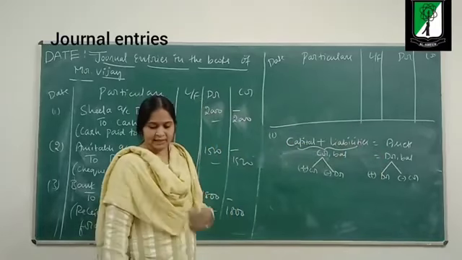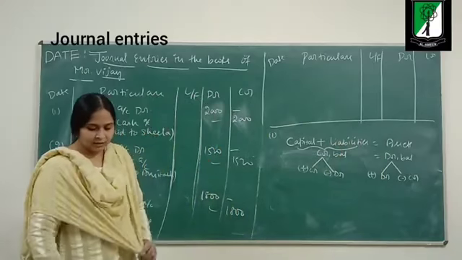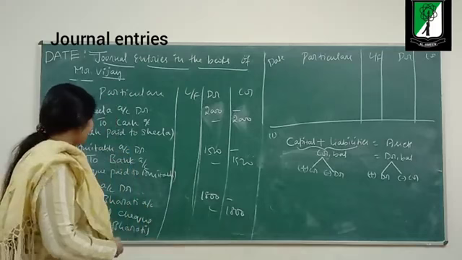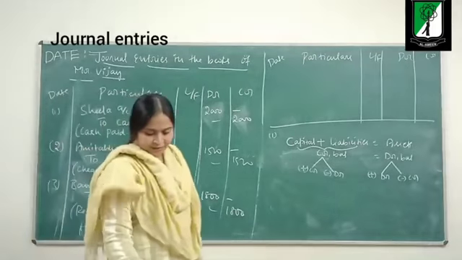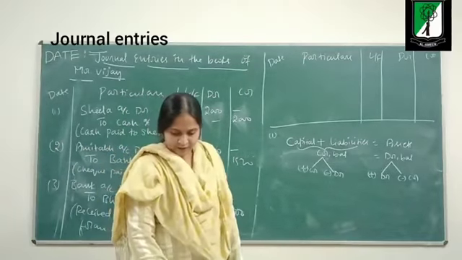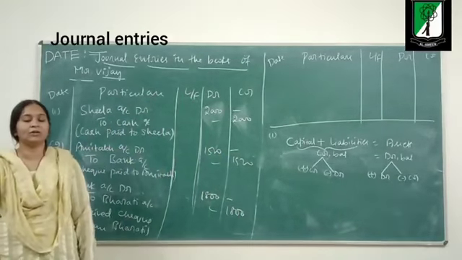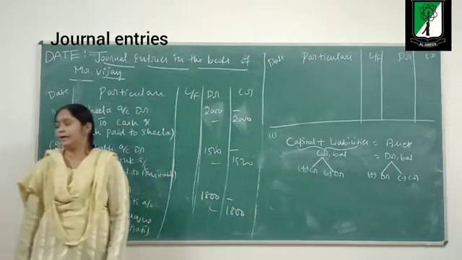Okay. So the next transaction, the fourth transaction. What is the fourth transaction? Paid to Amit rupees 1150 in full settlement of rupees 1200.